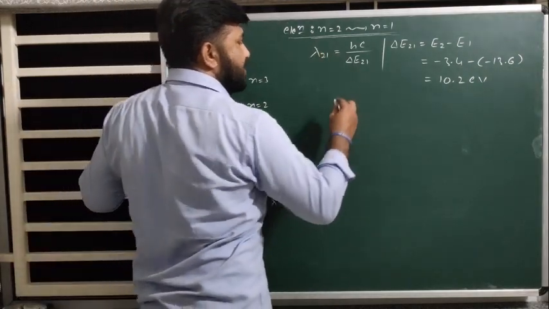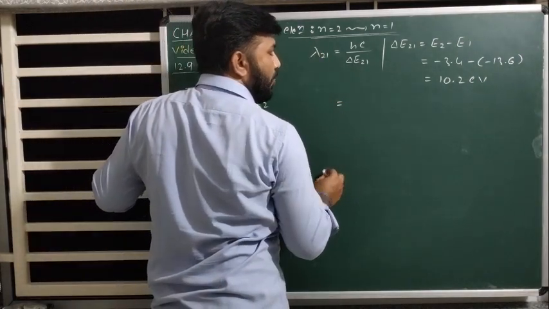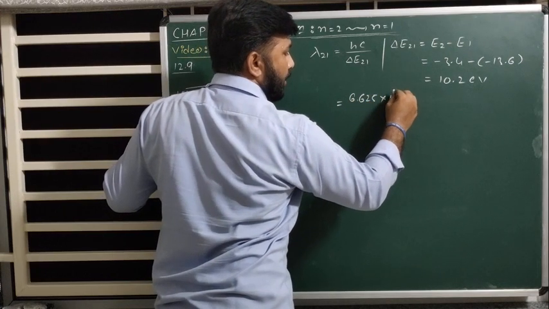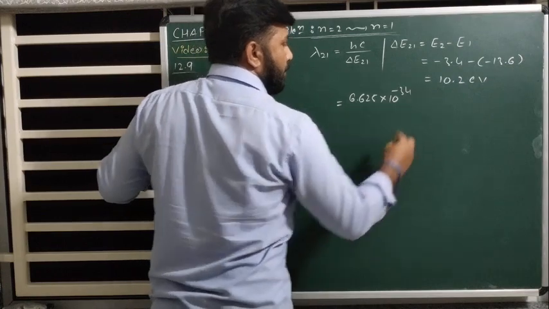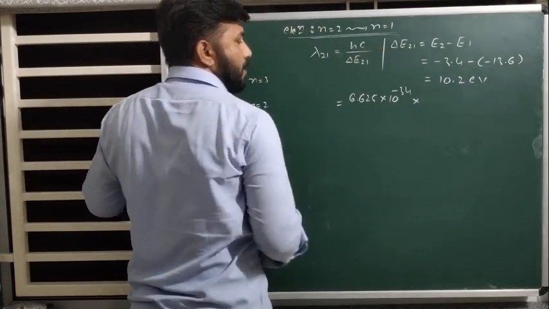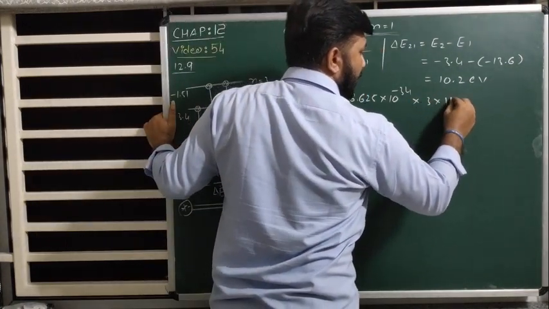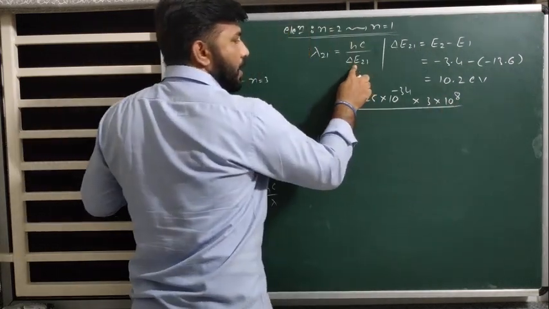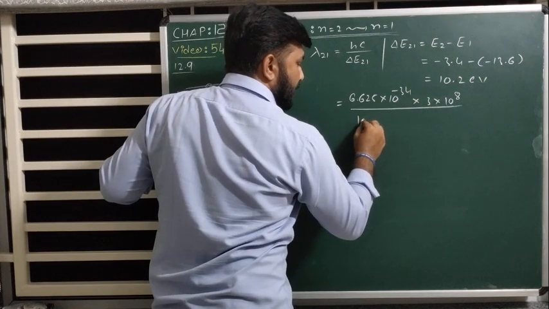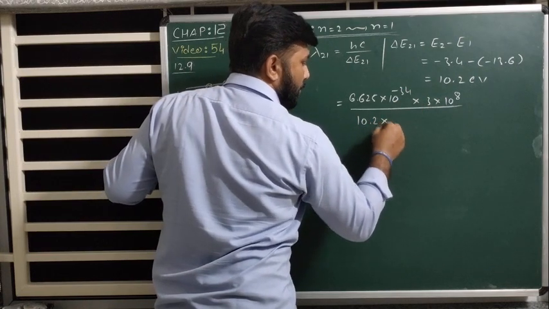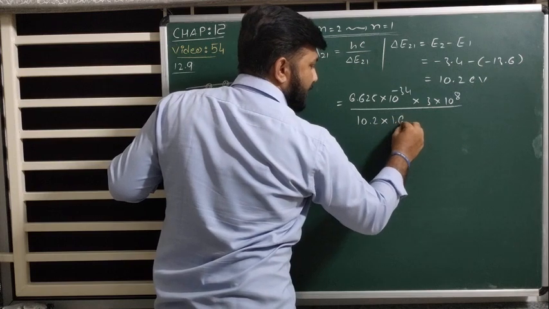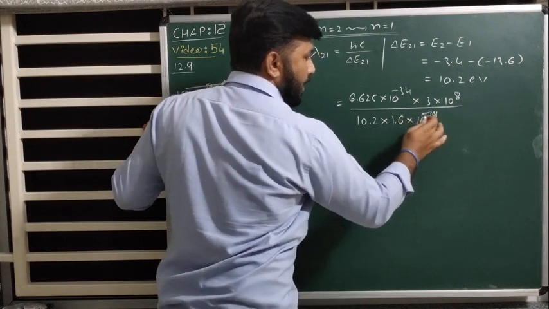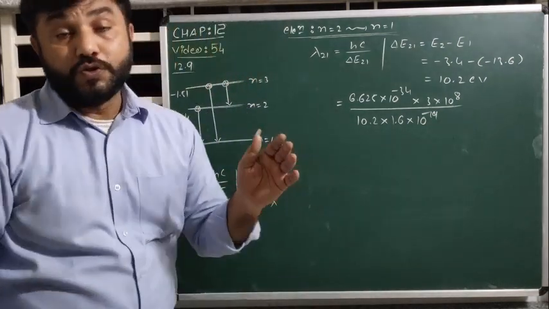That electron volt you have to convert into joule. Put the value of hc. So value of h is 6.625 multiplied by 10 raised to minus 34, multiplied by c, 3 multiplied by 10 raised to 8, divided by delta E 2 to 1, that is 10.2 multiplied by 1.6 multiplied by 10 raised to minus 19. So we have converted into joule.